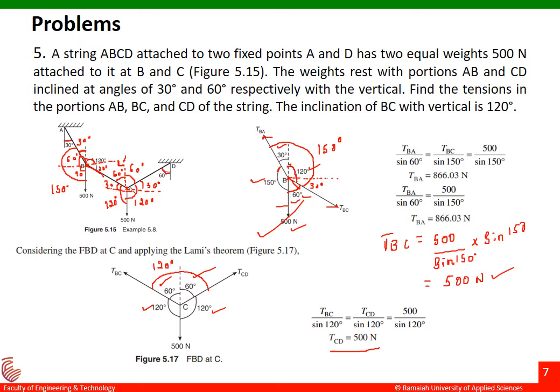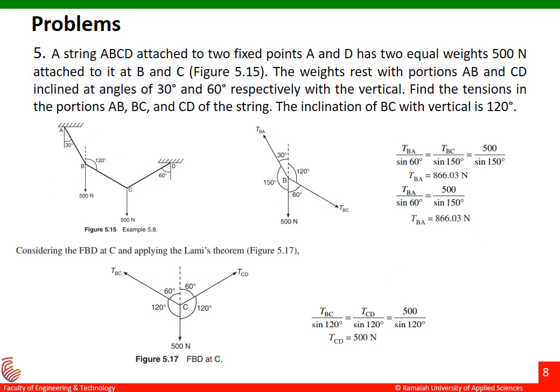So you will get the answer for TCD as 500 Newton. So this is the final answer for TCD. So we found out the answer for TBC, that is 500 Newton. TCD is also 500 Newton, and then TBA is 866.03.